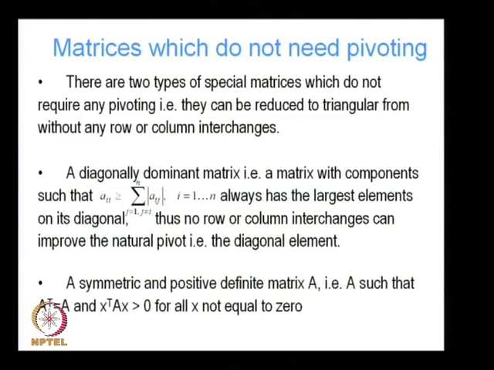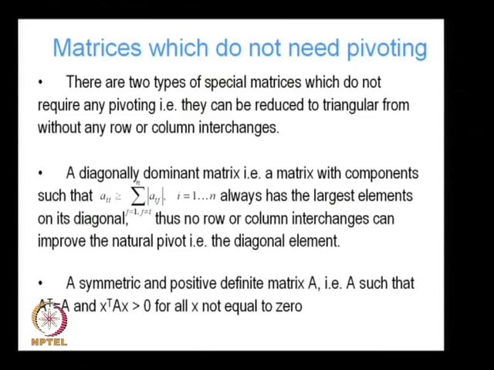Another type of matrix which does not need any pivoting is a symmetric positive definite matrix. First of all, a symmetric positive definite matrix by definition is symmetric, which means that A transpose is equal to A, and in addition x transpose A x is greater than 0 for all x not equal to 0.